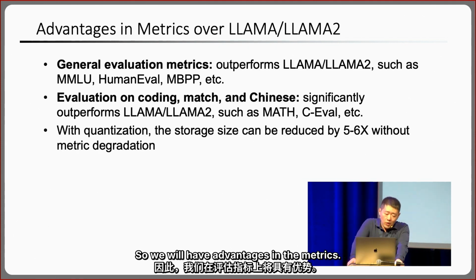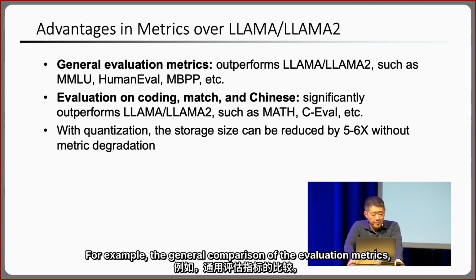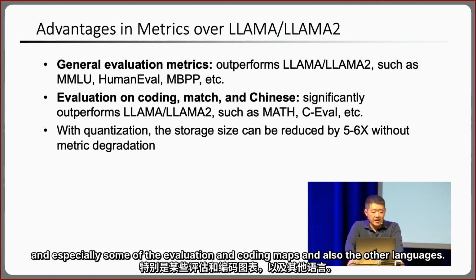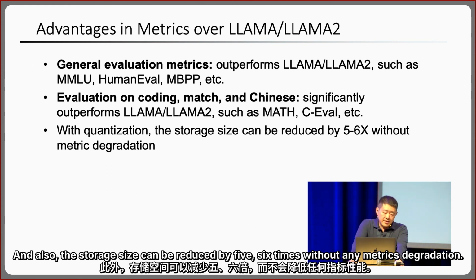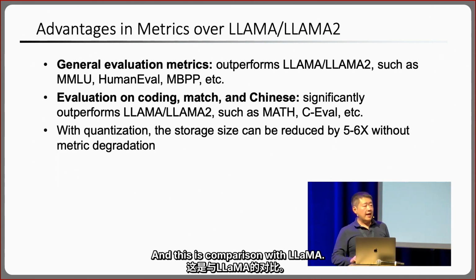So we'll have advantages in the metrics, for example the general comparison of evaluation metrics, and especially the evaluation on coding, math, and other languages. Also, the storage size can be reduced by 5 to 6 times without any metrics degradation, in comparison with Llamas.